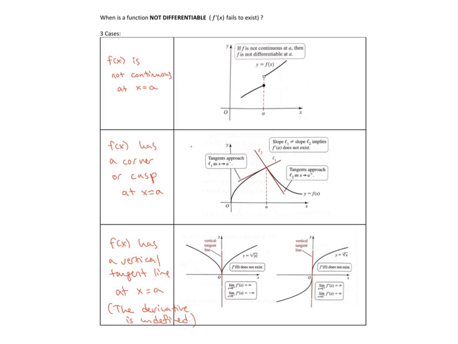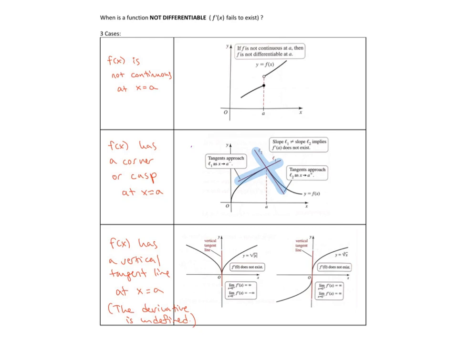So if a function's not continuous, it can't be differentiable. If it has a sharp corner or cusp, the derivative from the left is not going to equal the derivative from the right. If you look at that middle row, these tangent lines from the left and from the right aren't the same. So there's no way to draw a tangent line on a sharp corner or cusp.